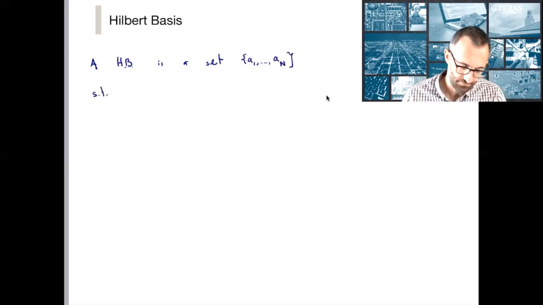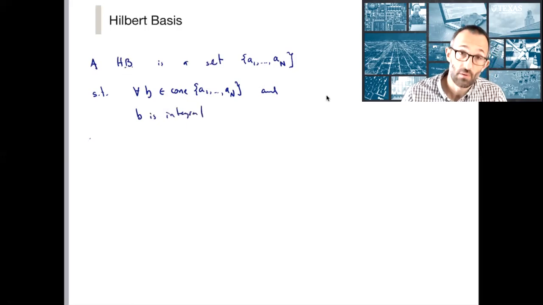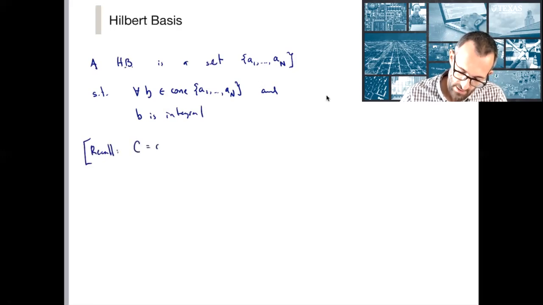such that for any vector B that is in the cone of A1 to AN and for which B is integral. So let me just add an aside here. Recall that C is the cone of vectors V1 to VK.